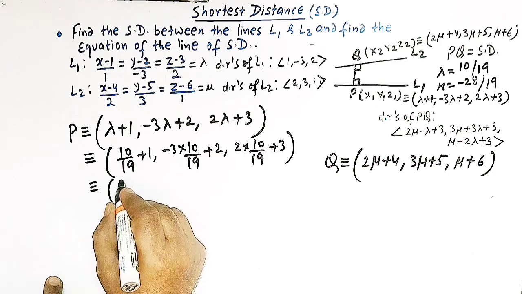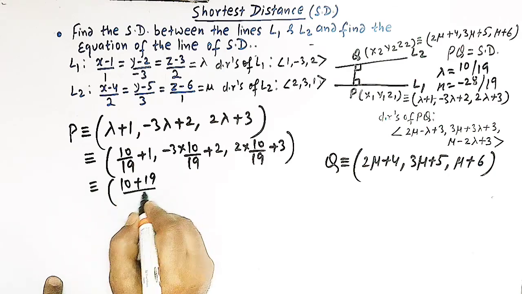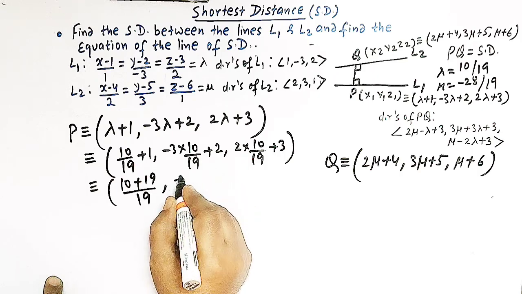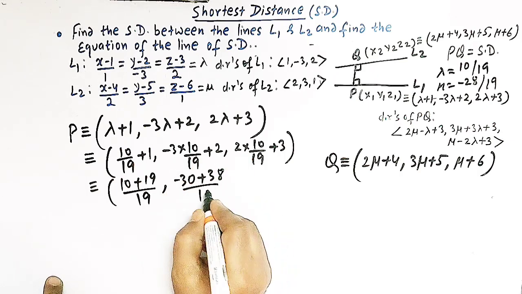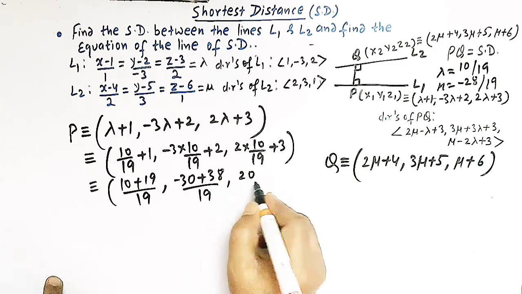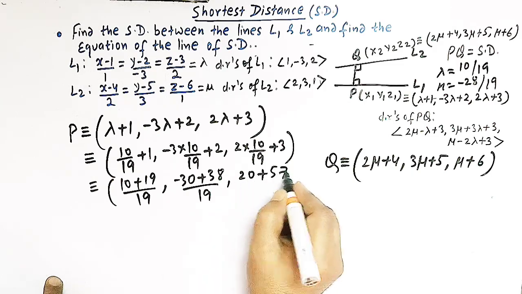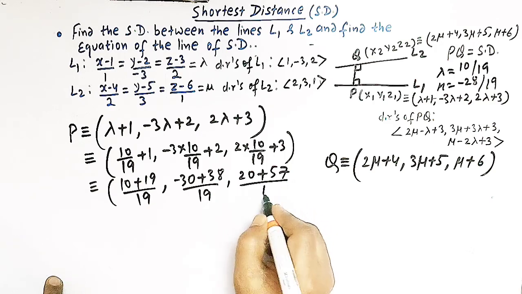And here we have 10 plus 19 over 19, and here we have minus 30 plus 38 over 19, and here we have 20 plus 57 over 19.